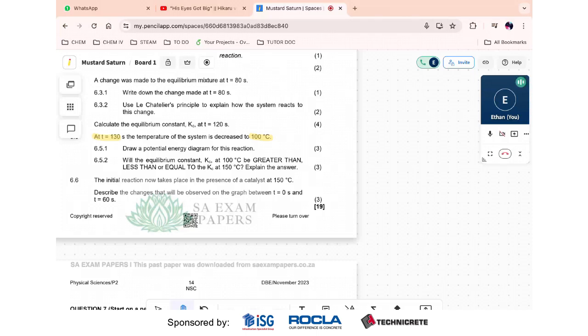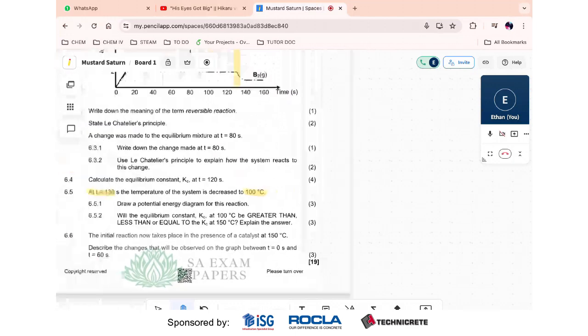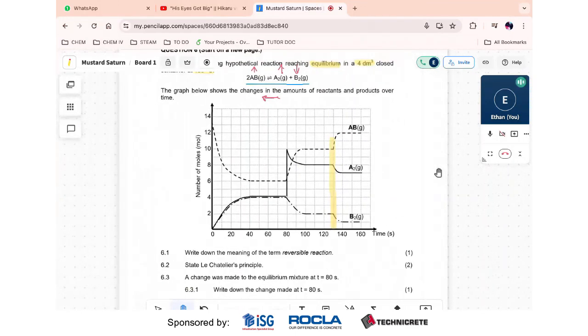So how does that reflect on the graph? The first thing is if we have a catalyst and we assume it affects both reactions, then basically we'll have the same shape graph, just with a lot steeper gradients. So basically, you'll get to equilibrium a lot quicker. And that's basically the answer to this question.